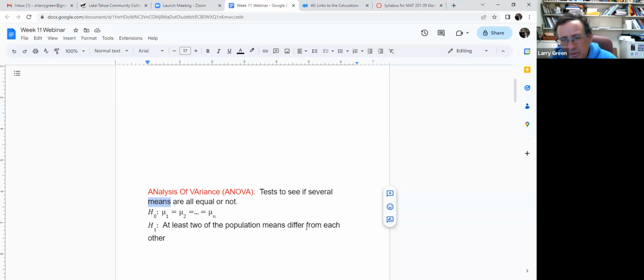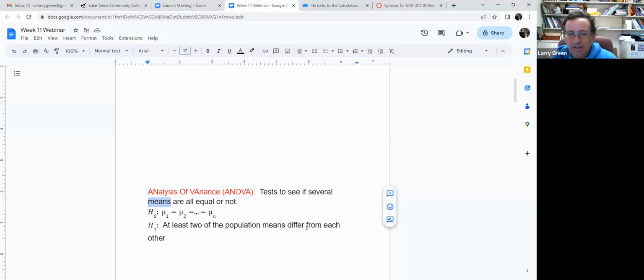Okay. Here's what you can't do. You can't just do a difference between 2 means for every pair of means. That doesn't work. The reason is that if you did a hypothesis test for each of the pairs, which would be easy on a computer, the problem is that if you have, let's say, a 5% level of significance, a 5% chance of a type 1 error, and they were all the same, but you had to keep testing many, many different pairs, there's going to be a very high chance of a type 1 error.